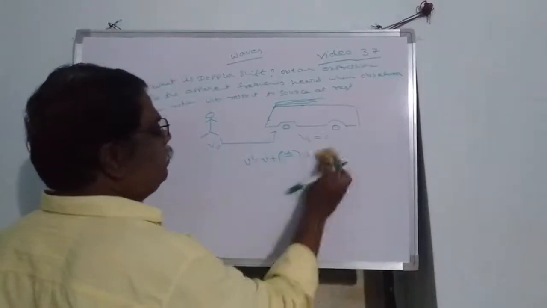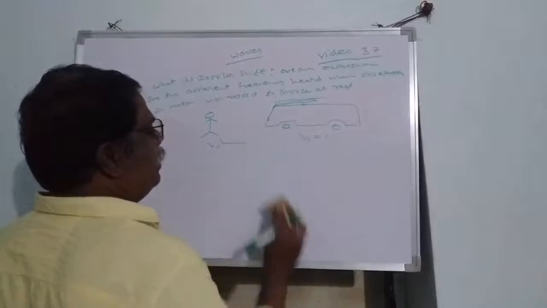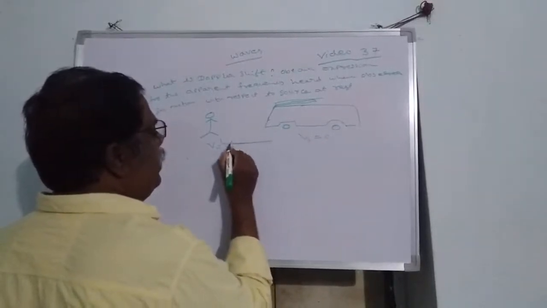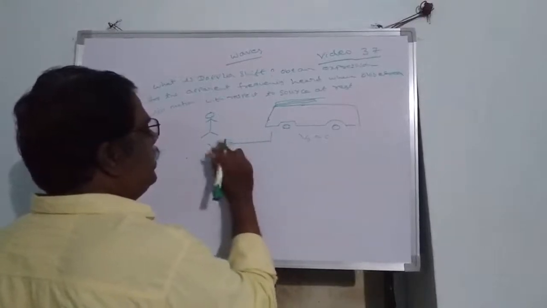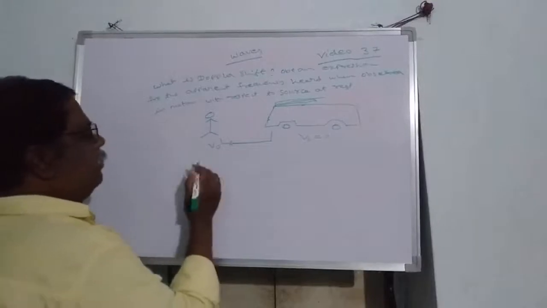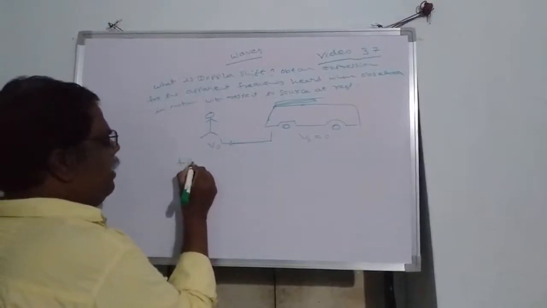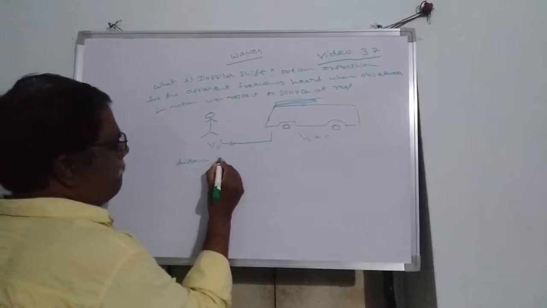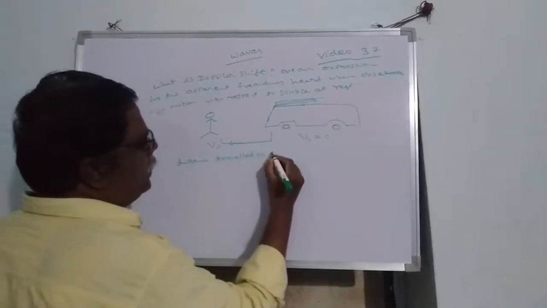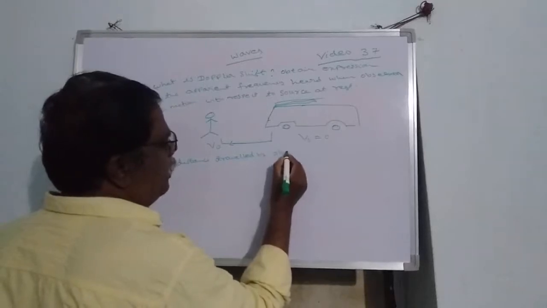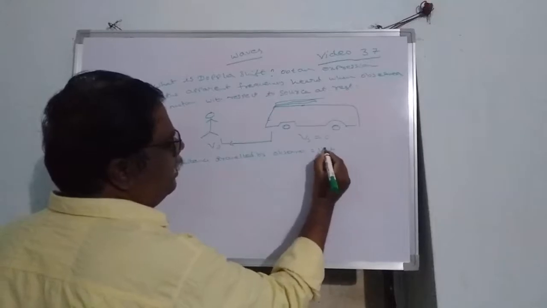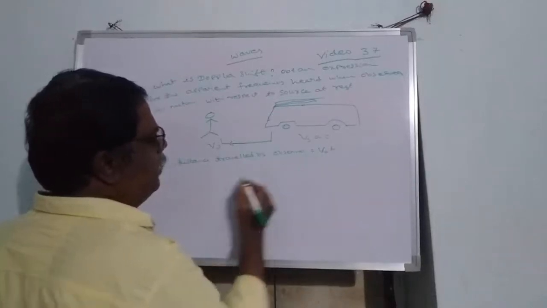So next case: the source is again at rest, but the observer is moving away from the stationary source. So what is going to happen? Again, the distance traveled by the observer is V naught t, velocity into time.